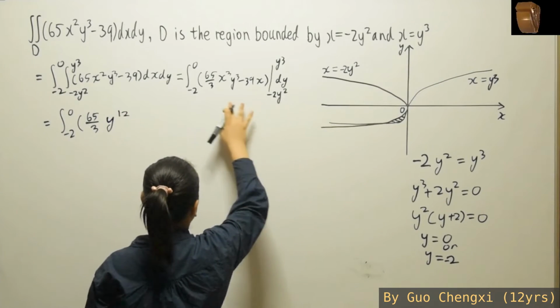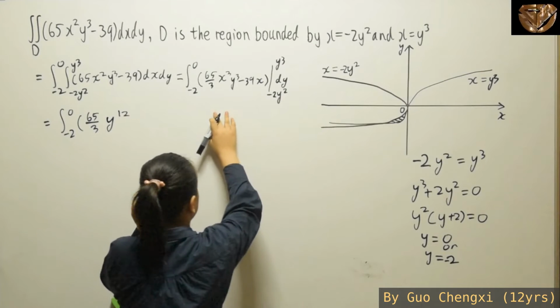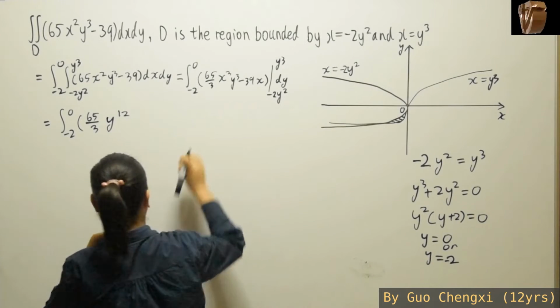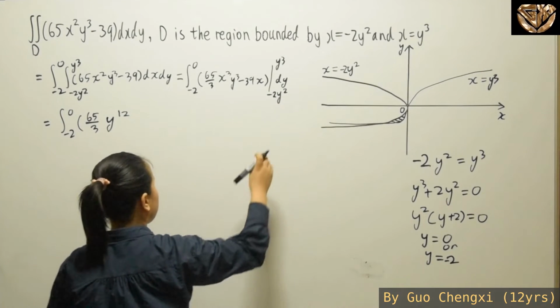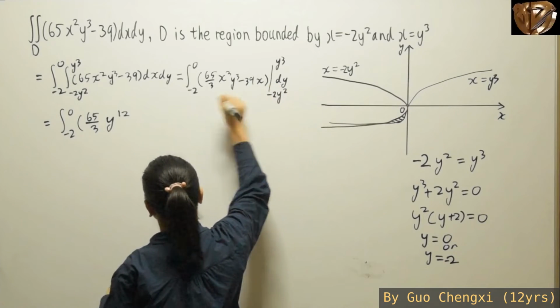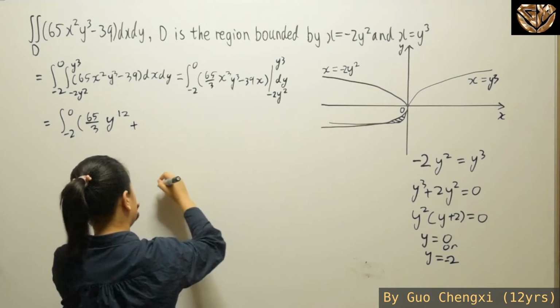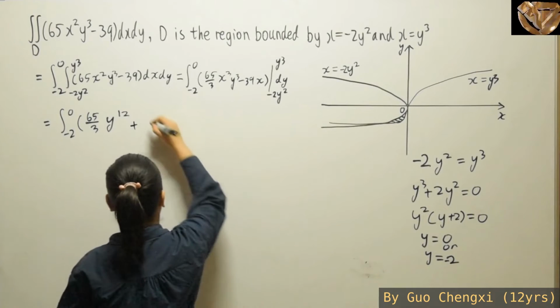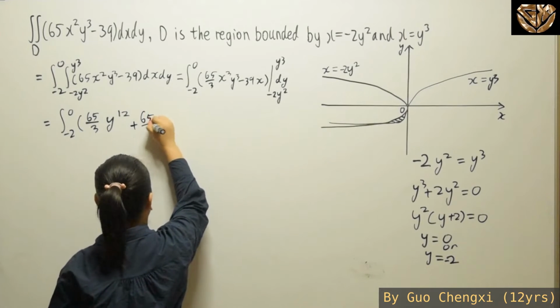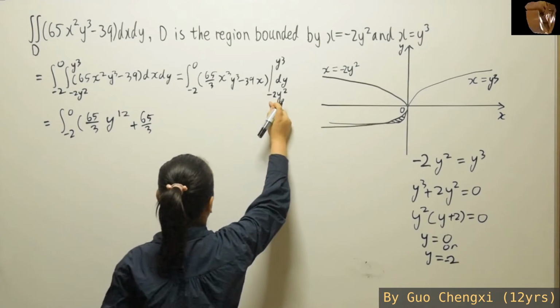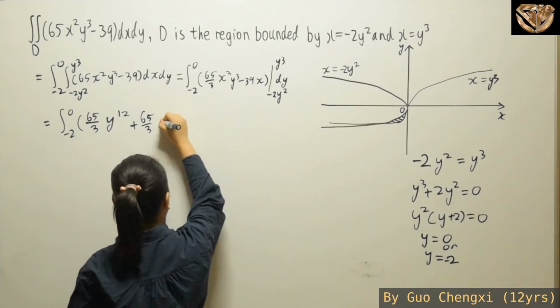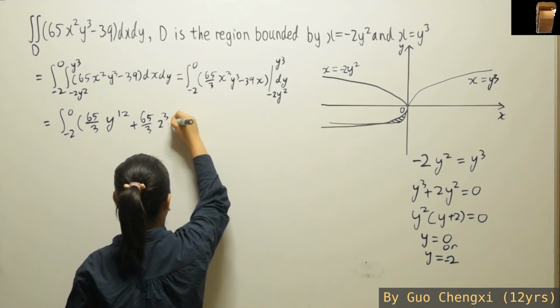Now when you substitute the other boundary, because this is a cube, there's a negative, and then there's another negative from the boundary. Put together, it's a positive, and we have 65 over 3, and then the 2 will become 2 to the power of 3 times.